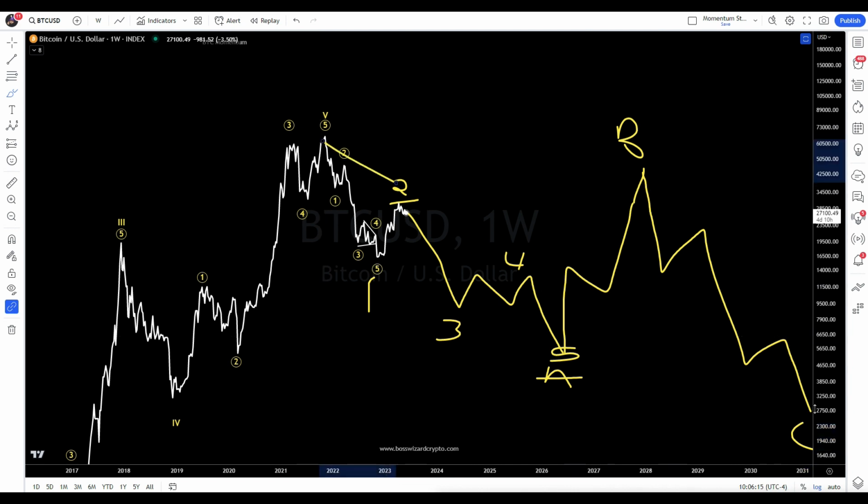And all said and done, that's going to take like 10 years from last November. So this is going to be very deceiving. This B wave is going to take 2 years or something, maybe 3. Who knows?